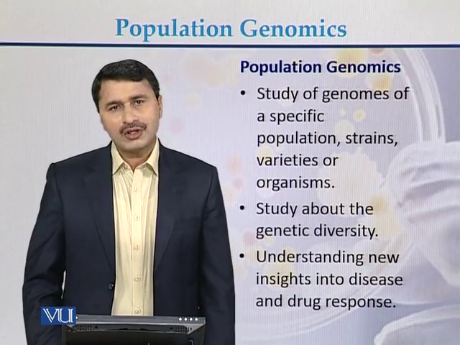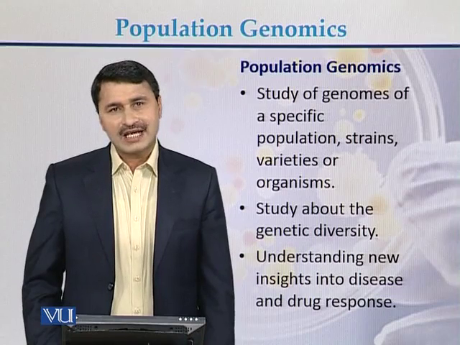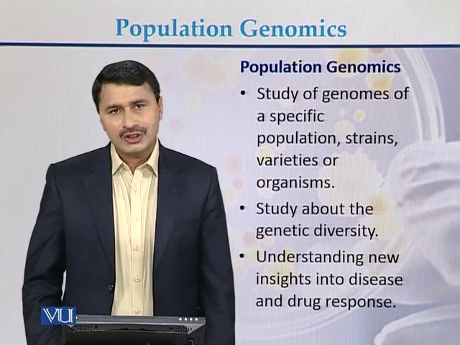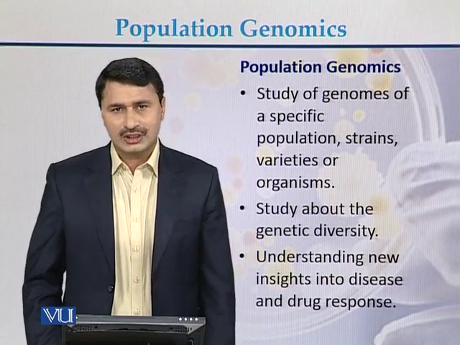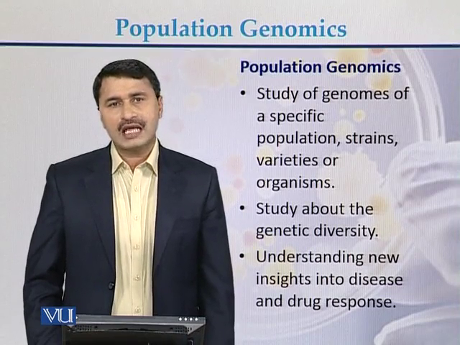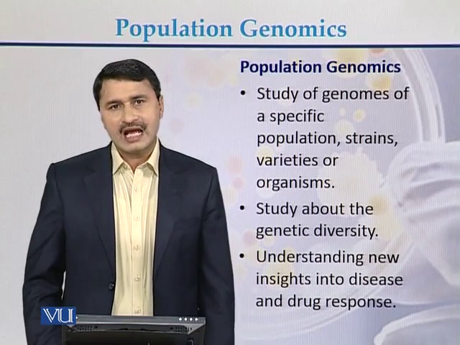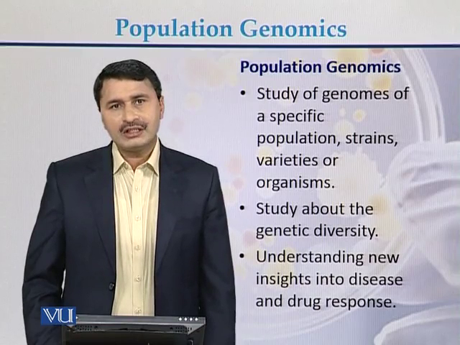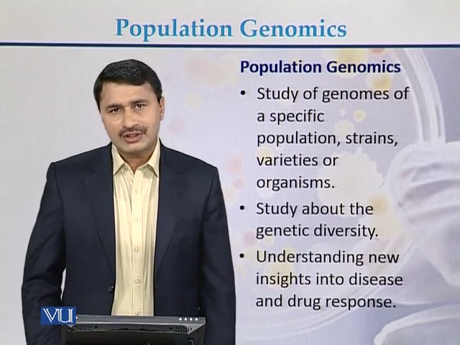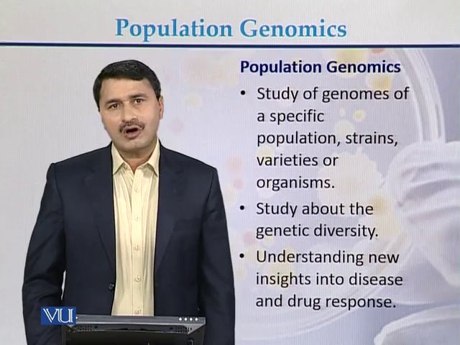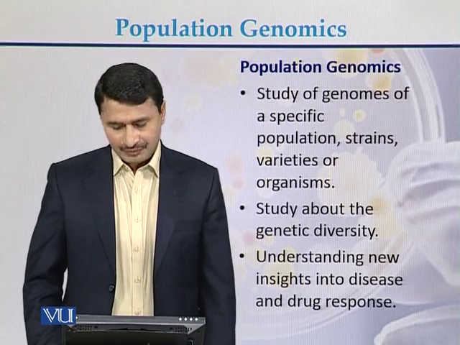In population genomics, we study the genetic diversity present between the population of a specific location. A specific population can be the human population. If we study the genetic diversity between the genomes of humans, that would be an example of population genomics.